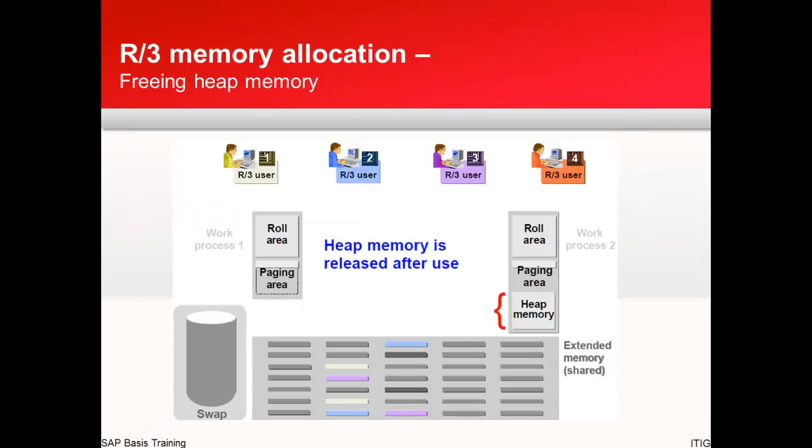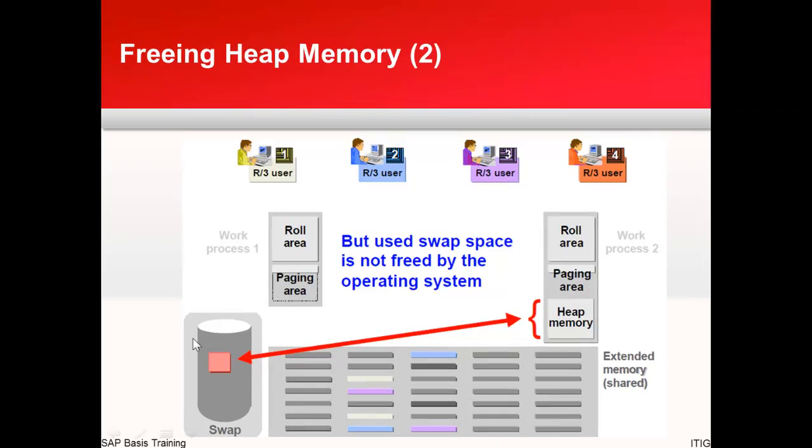Okay, now the next thing is the memory allocation. Basically here you can see the first work process, which has the role area and the paging area. The second work process has the role area, the paging area, and heap memory. Heap memory is released after the use. Then you have the extended memory, and this is the swap. Next thing is releasing the heap memory.